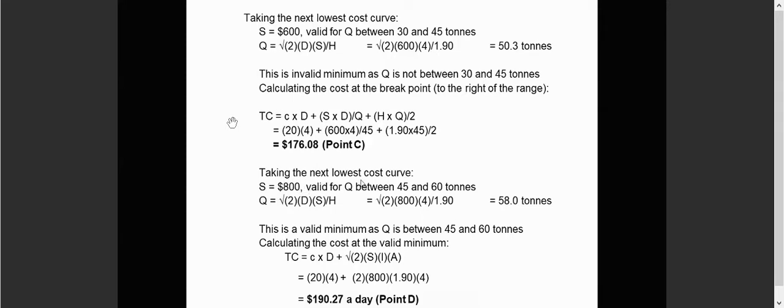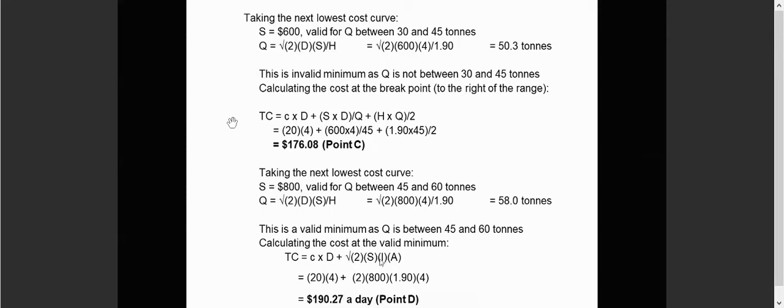Next, the lowest cost curve is ordering cost at 800. So at 800, the optimal order quantity is 58. And finally, we get the valid minimum order quantity. So the Q will follow the optimal order quantity.